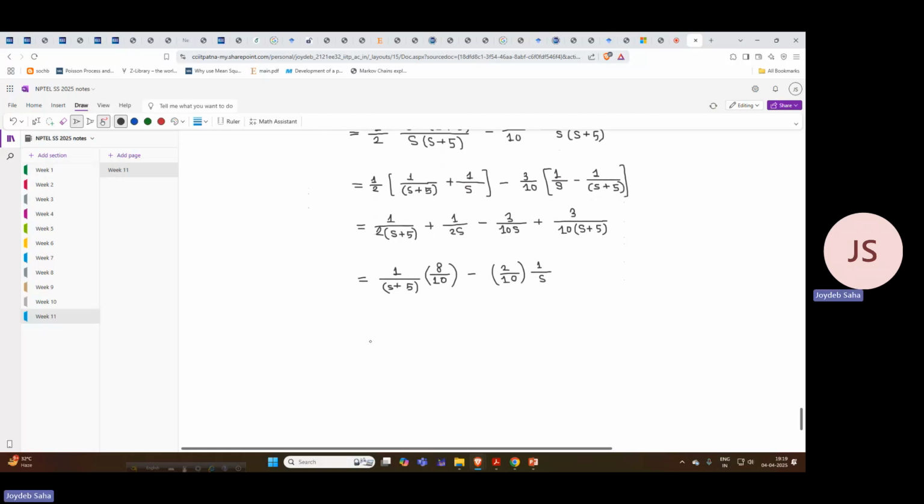Is equal to 0.8 multiplied with 1 upon s plus 5 minus 0.2 multiplied with 1 upon s.